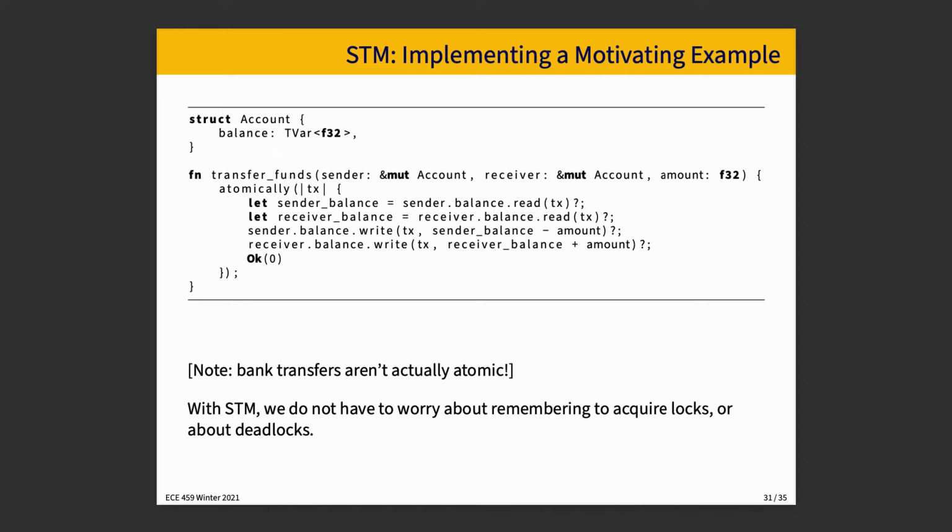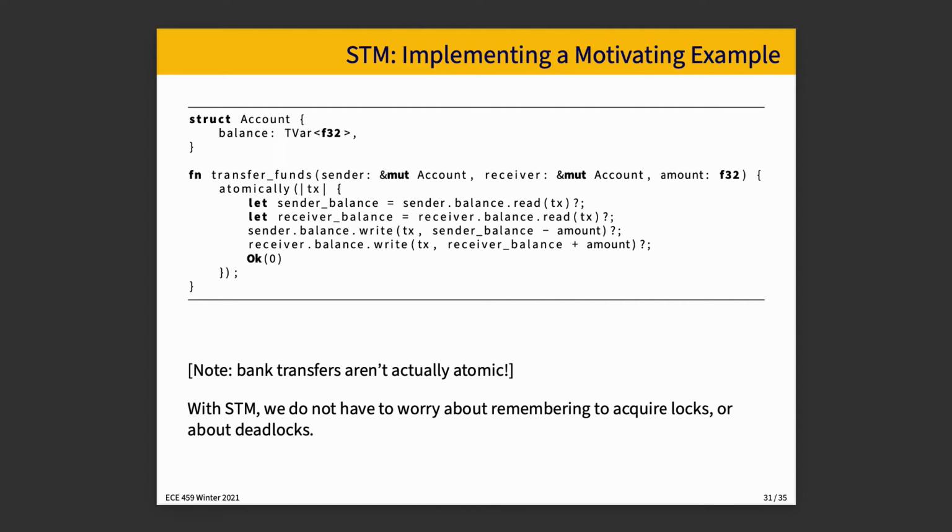We'll assume Bill Gates doesn't bank here, and a 32-bit float is enough to contain his account balance. The transfer funds function takes two accounts and the amount. That is in line with our standard example, where I'm sending my friend $50 to repay them for something. Easy.